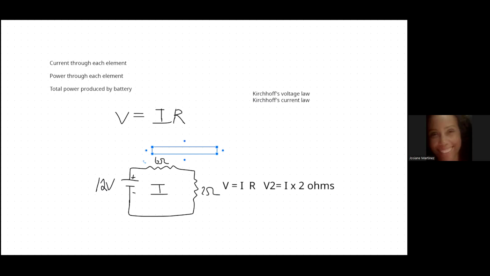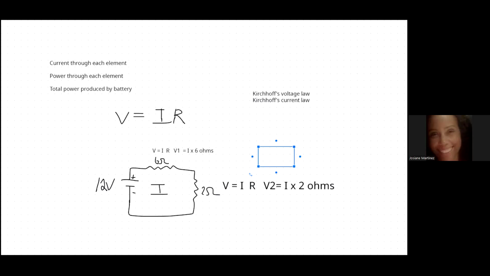All right. Now we're going to use this Kirchhoff voltage law, and we're going to write that 12 volts has to equal V1 plus V2. And then I can say 12 volts equals I times 6 ohms plus I times 2 ohms. I'm going to put parentheses.